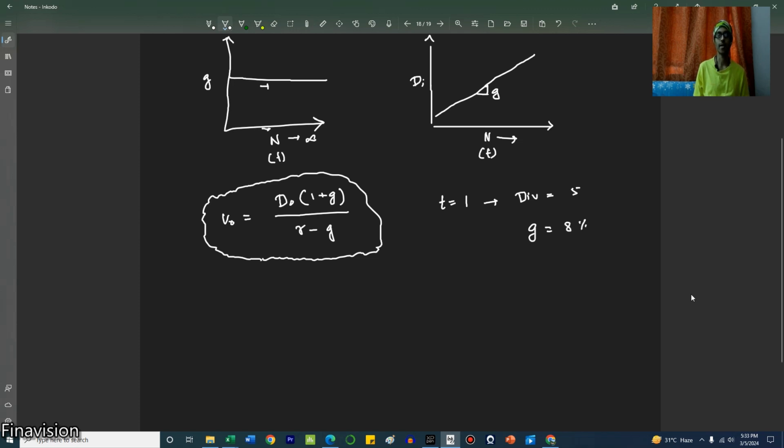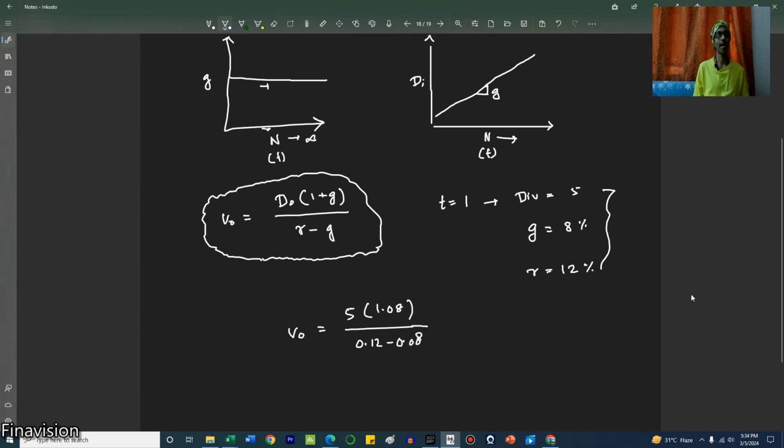This is a perpetual growth rate and the required rate is 12%. Right, guys? So what is the V0 or value here? So this will be 5 into 1.08 by 0.12 minus 0.08, right?